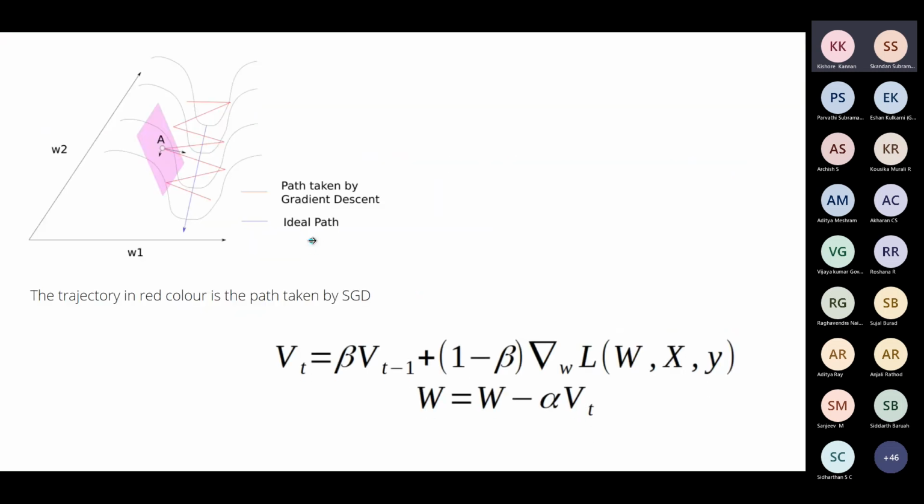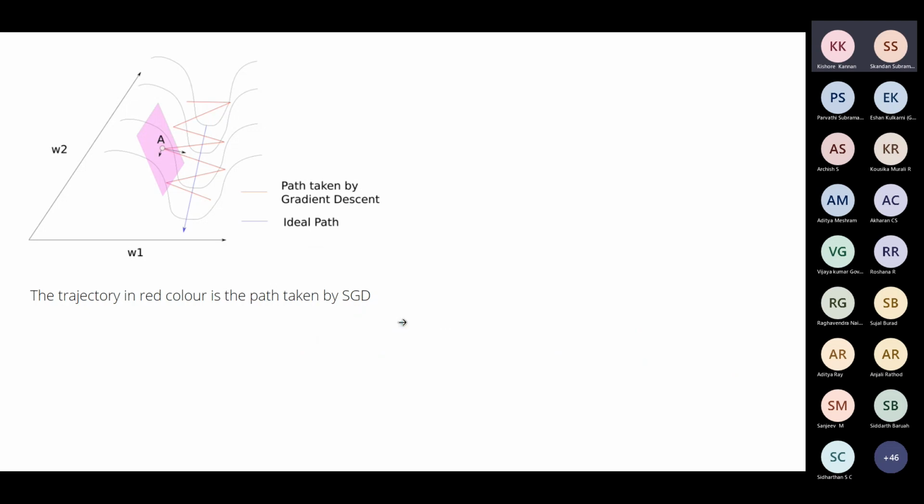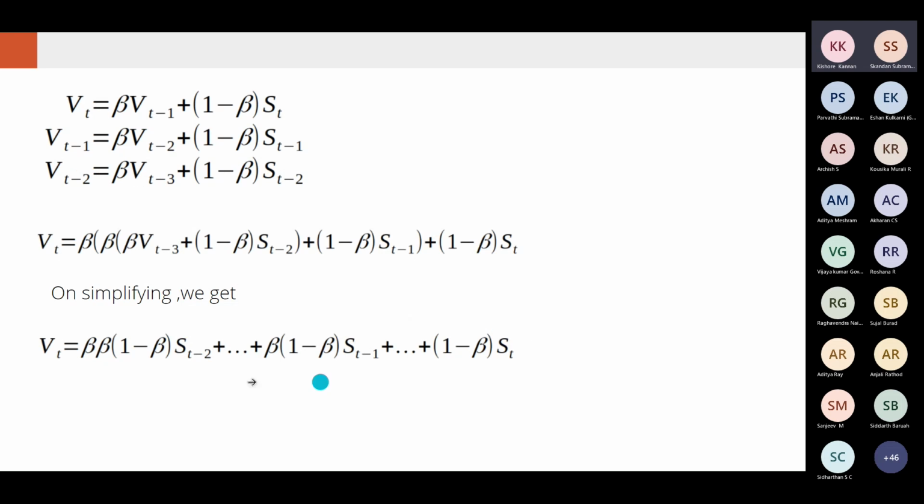So how does momentum achieve this? You can see here we are taking the exponentially weighted moving average. What is the exponentially weighted moving average? It's just a sum of the gradients multiplied by some weights.